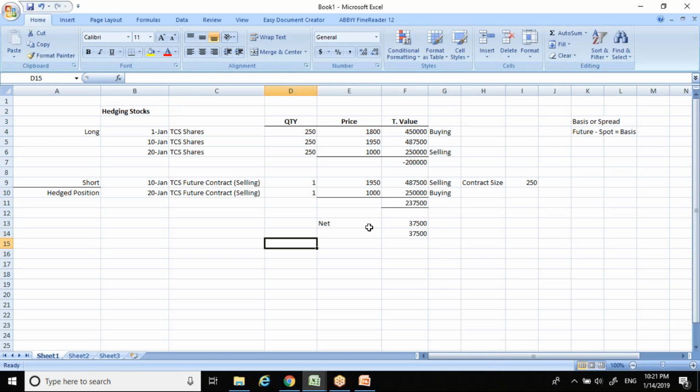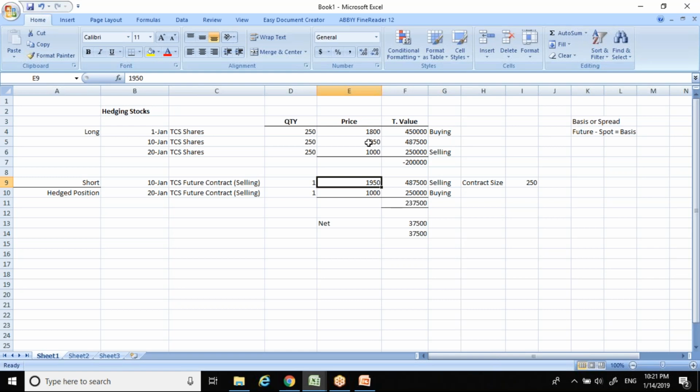The spread is zero. Before the expiry, there could be a spread, but on the date of expiry, there will not be. Other than that, we are not discussing right now the spread or the spread risk. We are just assuming that the spreads are the same here. Spreads are zero here.